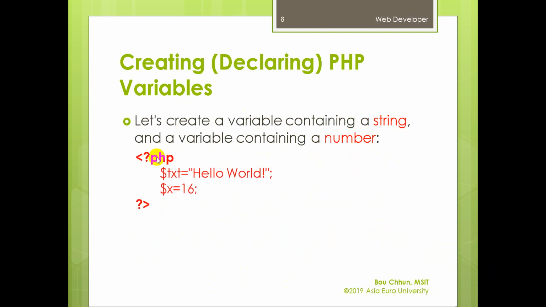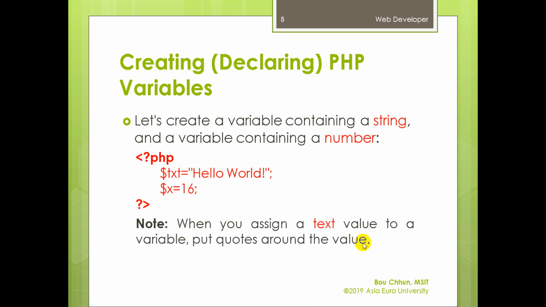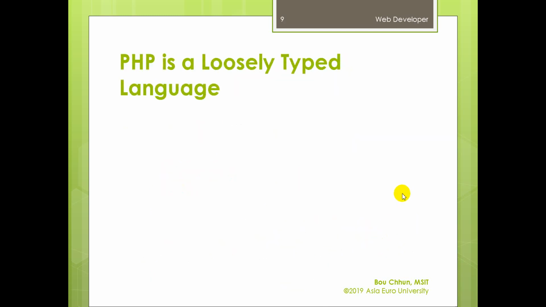You open the PHP tag and close the PHP tag, and you can assign hello world to the variable txt and the value 16 to a variable, so that one variable is an integer and the other is a string data type. When you assign a text value to a variable, put quotes around the value. And PHP is a loosely typed language.